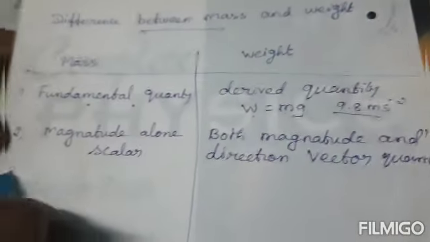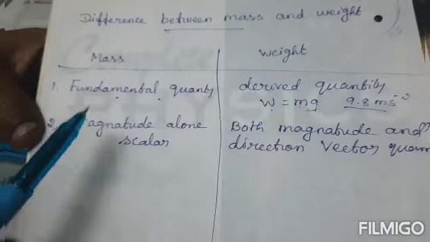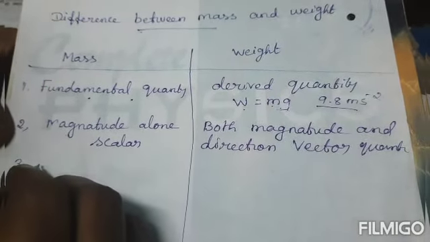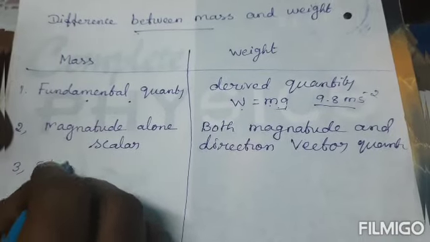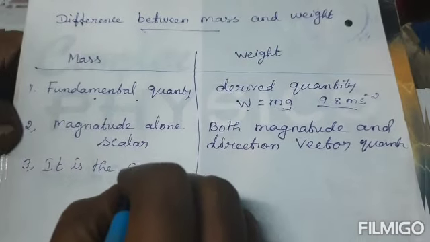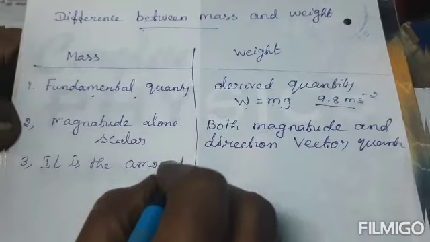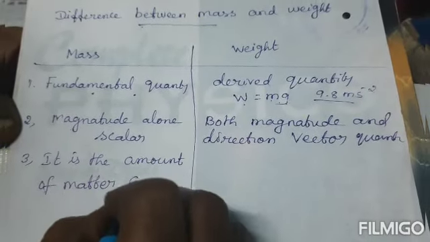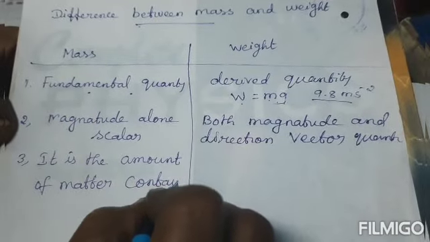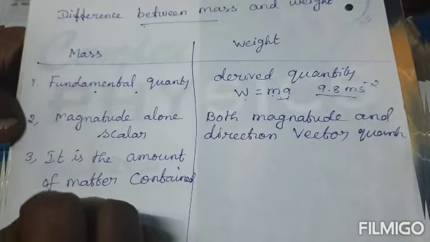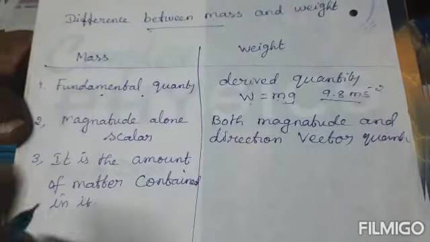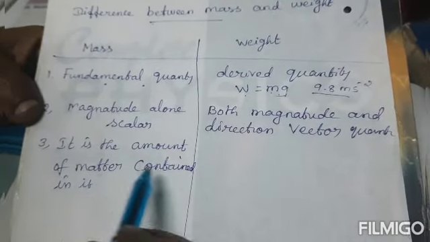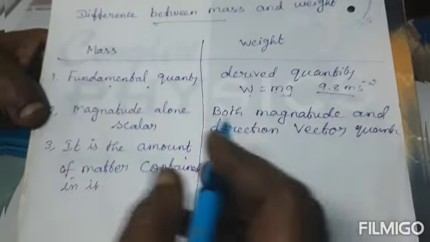Now the third point. Already you have learned to define mass. What is mass? It is the amount of matter contained in it. That is the definition of mass.